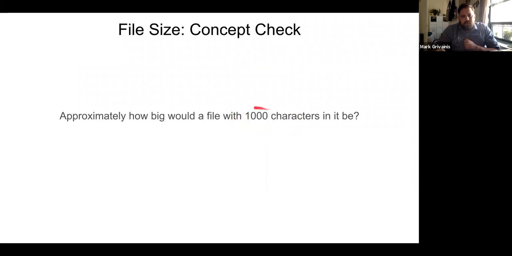So if we have 1,000 characters, it will be 1,000 bytes, and that will come to roughly 1 kilobyte. This isn't taking compression and advanced things like that into account. If you just save a text file with 1,000 characters in it, it will be about 1 kilobyte big. If you saved it with 1,024 characters in it, it would be exactly 1 kilobyte big.